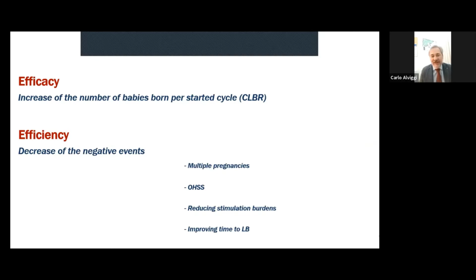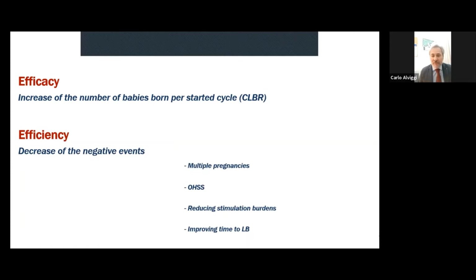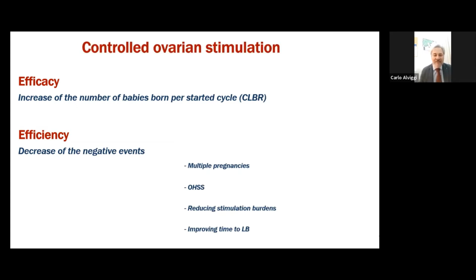And so efficiency is something related to the risk of complication, cost-effective analysis. So everything that contributes to having our result. And I think that in terms of efficiency of a given protocol, treatment, or approach, what is crucial nowadays is time to pregnancy. So we have always to keep in mind that even in presence of the same results, the time we need for having that result is the main aspect related to efficiency.